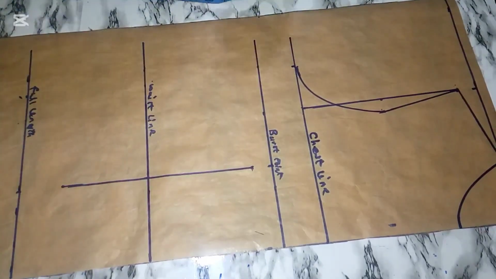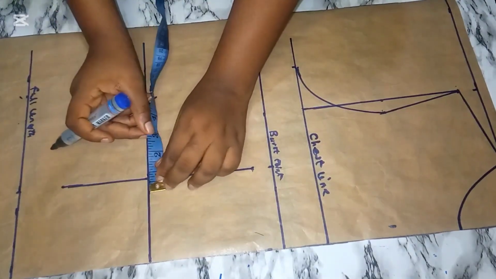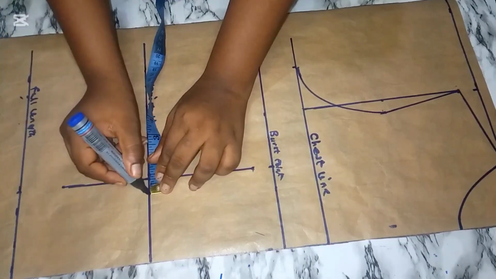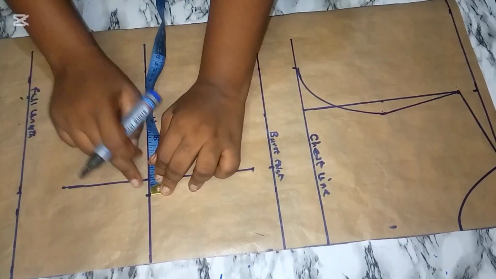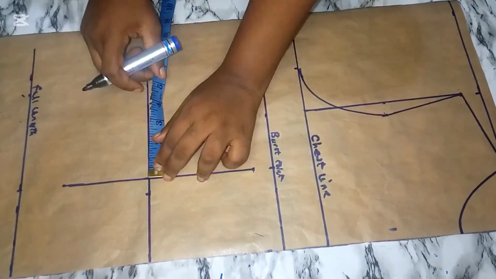Then to get our dart intake, I'll use 0.75. You can use half an inch, you can use 1 inch, but I'm using 0.75, okay?